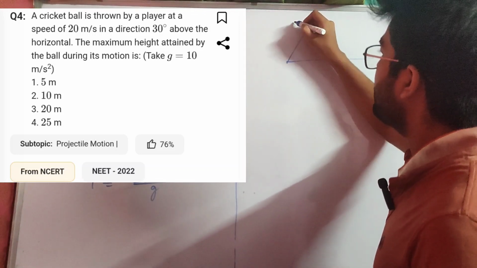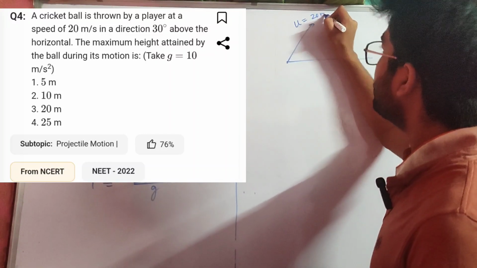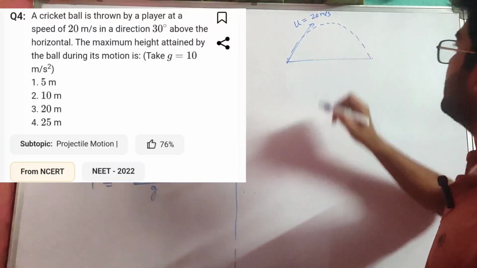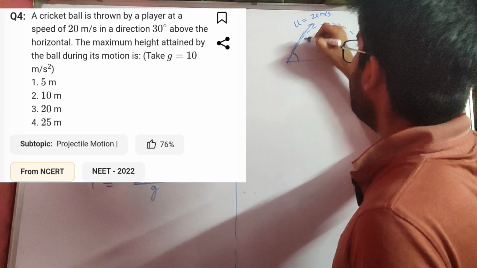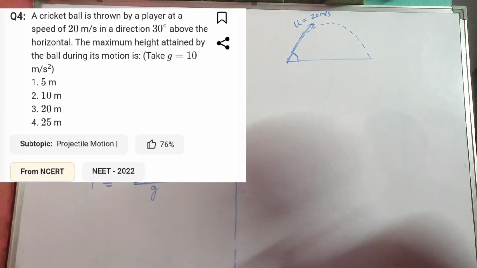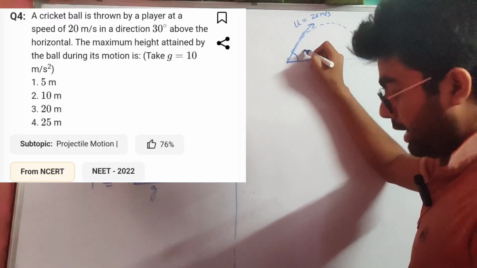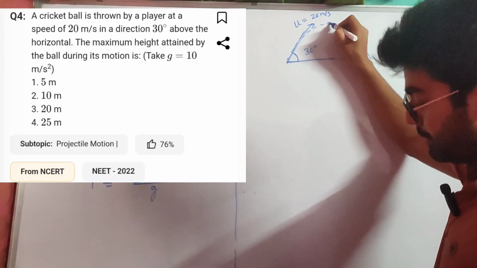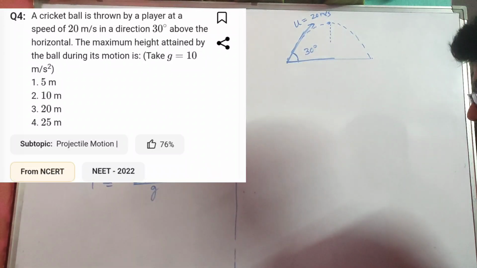That means the initial velocity u is 20 meter per second, thrown in projectile motion with the angle with the horizontal axis 30 degree. We calculate the maximum height attained by the ball during the motion.